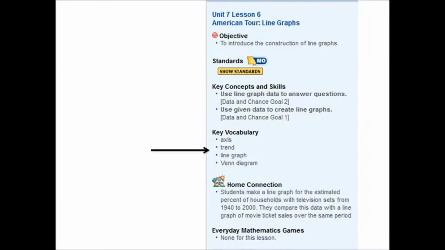On this slide, you see the key vocabulary for Unit 7, Lesson 6: axis, trend, line graph, and Venn diagram. The teacher also has a chart in the book that describes specific key vocabulary, as well as a comprehensive glossary that includes additional entries and illustrations in the back of the student book.